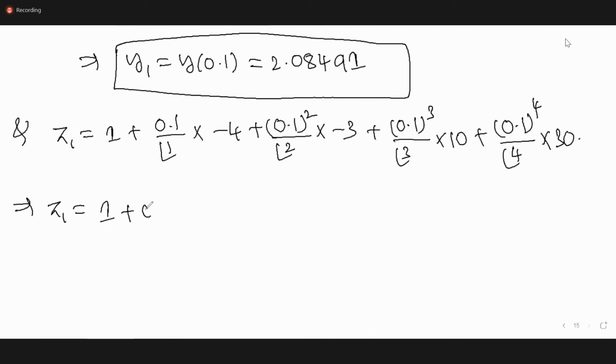This is 1 plus 0.1 into minus 4, so minus 0.4. 0.1 whole square, 0.01, 3 by 2, 1.5. So 1.5 into 0.01. This is 0.1 whole cube, 0.001, 10 by 6, 5 by 3, which is 1.666.